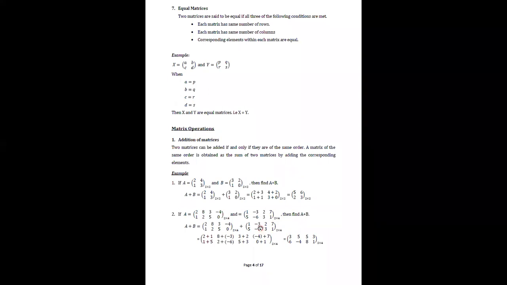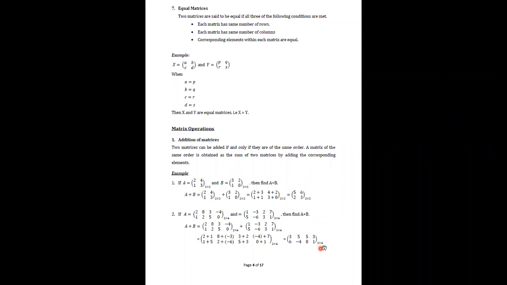Since the first condition is satisfied, you can add the corresponding elements. Adding the corresponding elements results in this answer: 3, 5, 5, 3, 6, minus 4, 8, and 1, having the order 2 by 4. It means 2 rows and 4 columns.